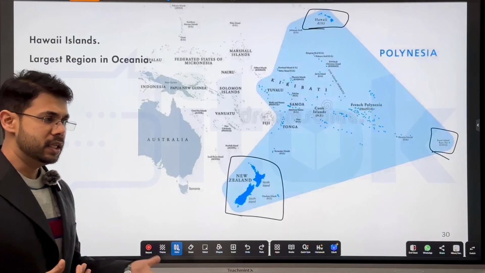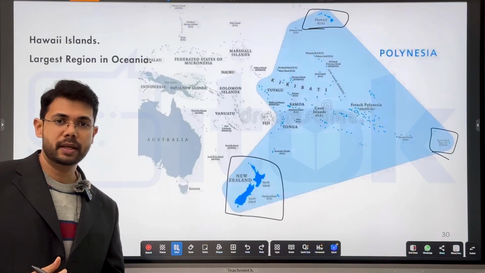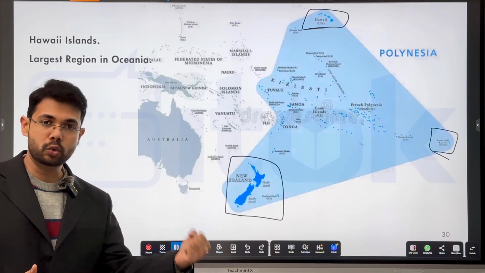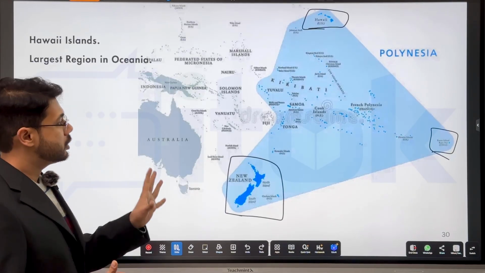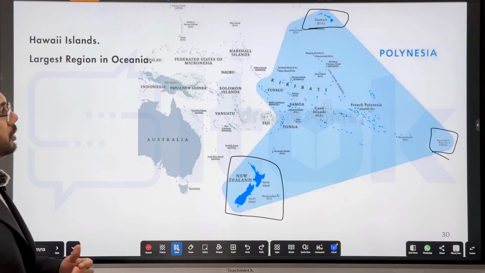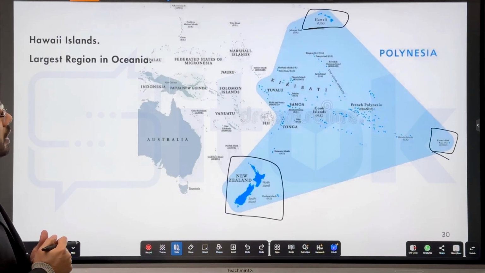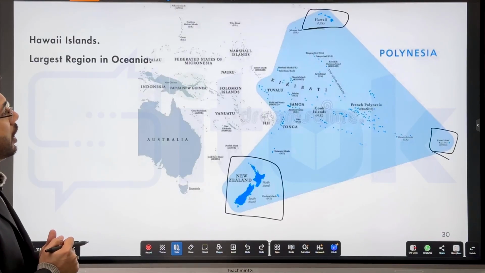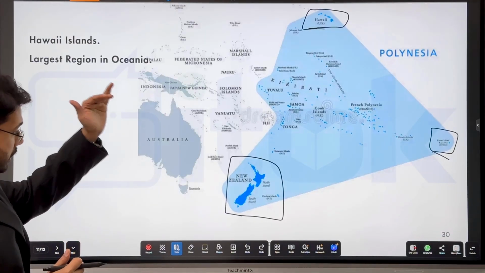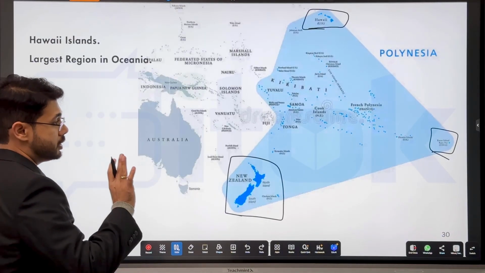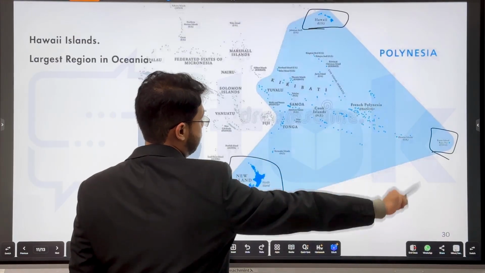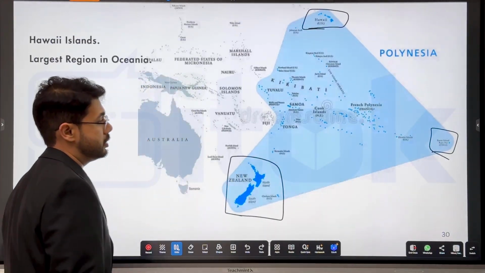I read that there is a cultural and language roots similarity, not the same language, but the root is the same. So that's how they came up with these regions, obviously made by European explorers just to screw with our lives. But Hawaii is in the north, New Zealand in the south, and some islands in the far east.